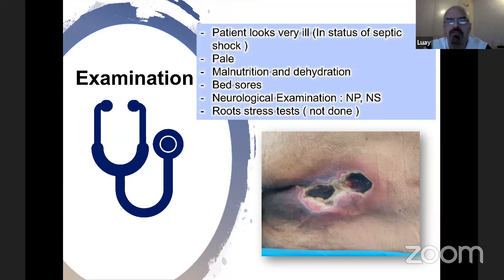He is pale, severely malnourished, dehydrated, and has a very bad bed sore from the long standing stay in his bed. Regarding the neurological examination, everything is normal, power and sensation, and I can't do any stress test because he cannot tolerate any movement. And this is the picture of his bed sore at the sacral region at time of presentation.